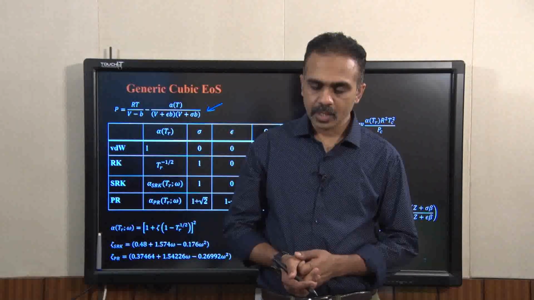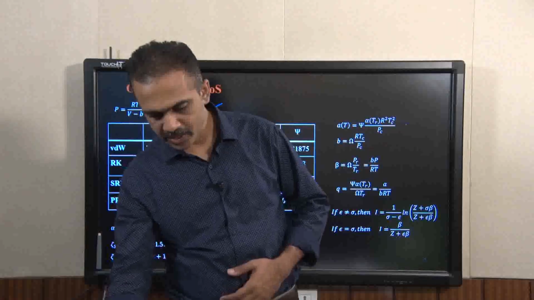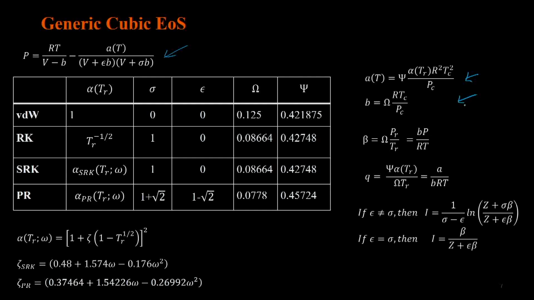These definitions for A and B are something we looked at earlier. In addition, we derived a few other parameters: beta, which is dependent on both temperature and pressure in addition to B, and Q, which will depend on temperature, pressure, and the parameter A itself.